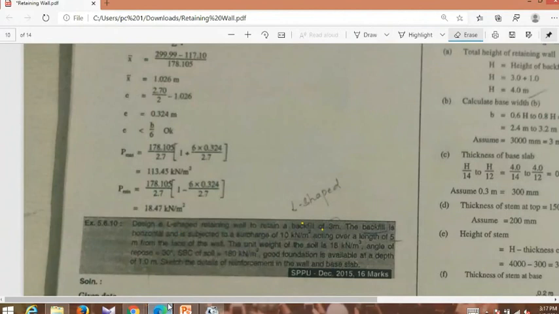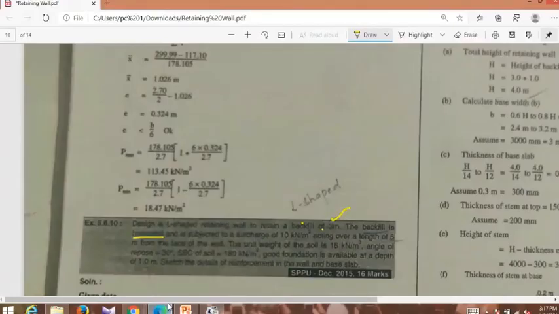The question is like this: design an L-shaped retaining wall to retain a backfill of 3 meter. The surface is horizontal, with a surcharge of 10 kilonewton per meter square.